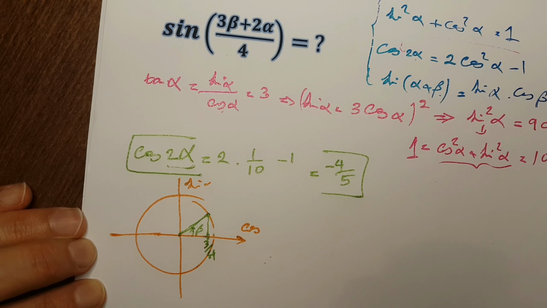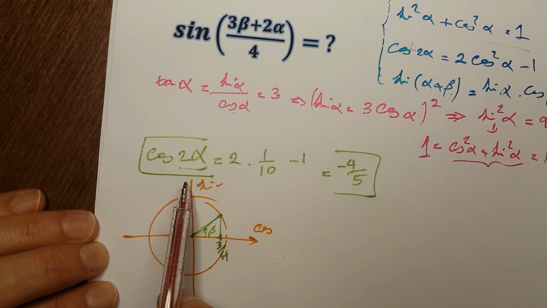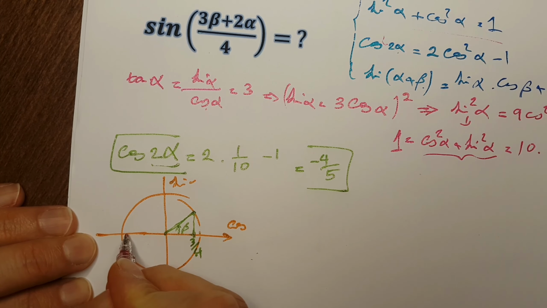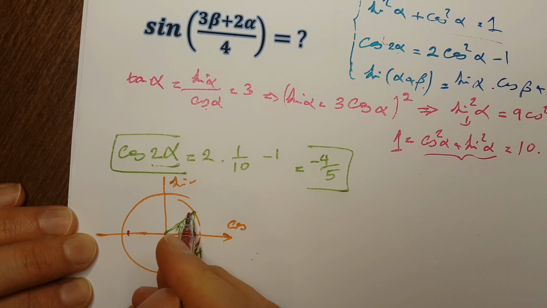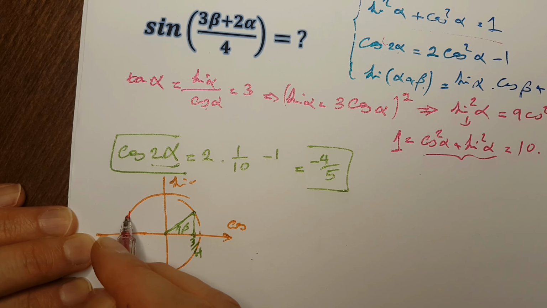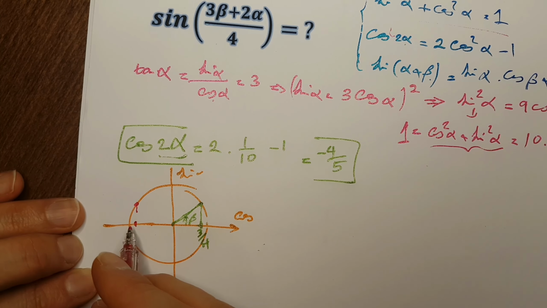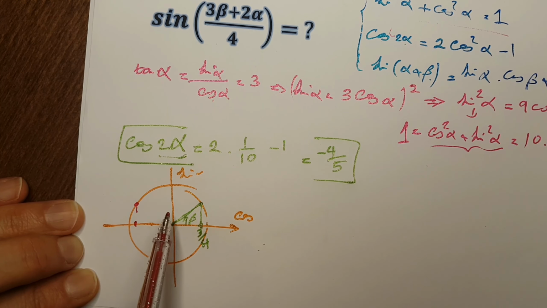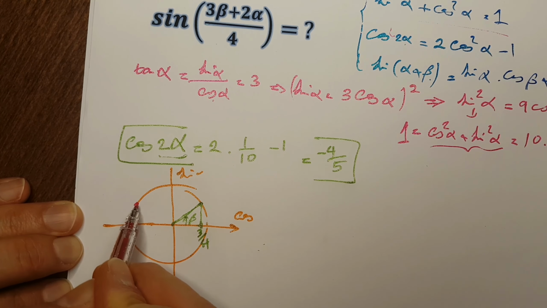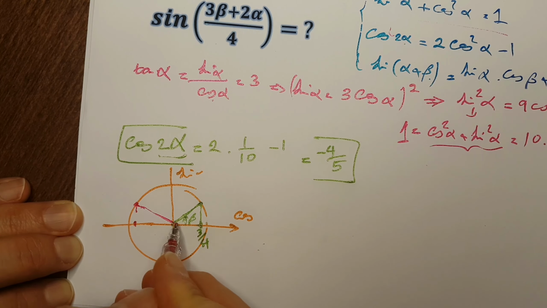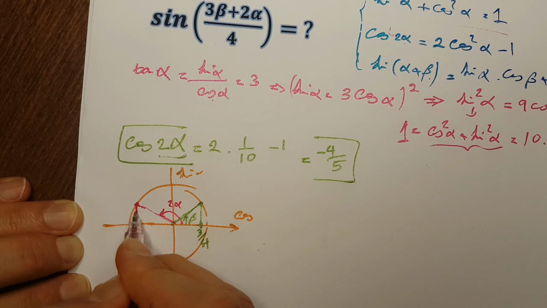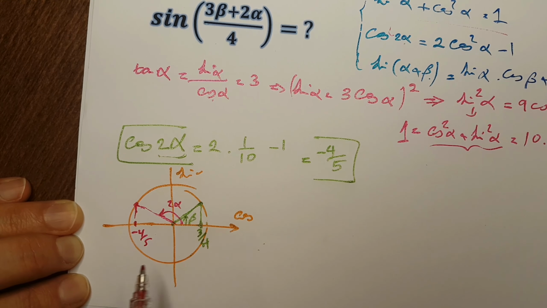On the other hand, we have derived that cosine of 2 alpha is minus 4 over 5. Minus 4 over 5 is going to be somewhere here in the second quadrant. Since alpha is an acute angle, 2 alpha will be in the second quadrant, and then 2 alpha will be this angle. This is minus 4 over 5.